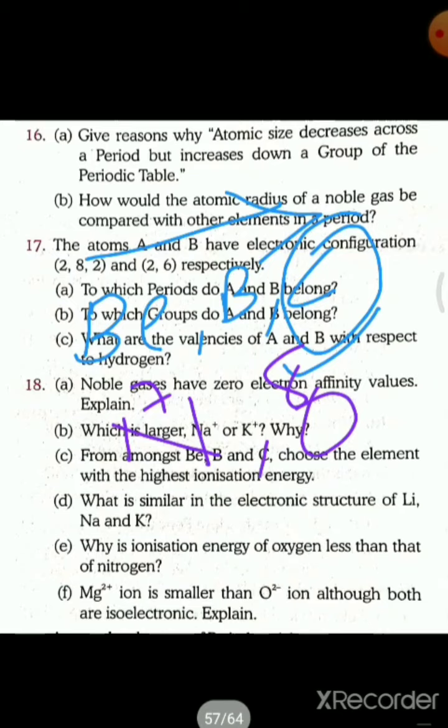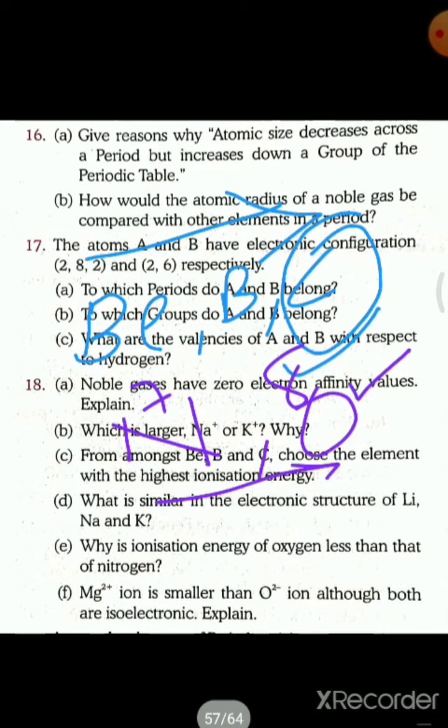So according to the periodic table or according to the theory, ionization potential increases across a period. That means your oxygen should have the higher ionization energy, but unexpectedly oxygen has a low ionization energy, less than that of nitrogen.